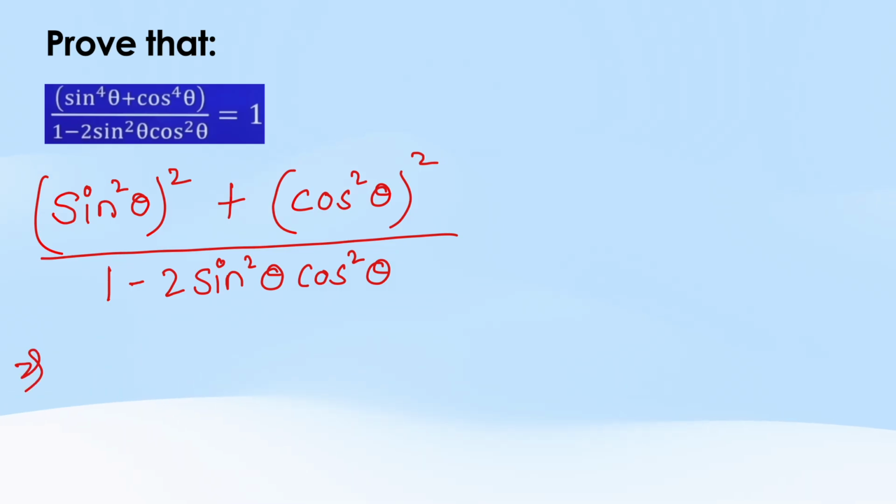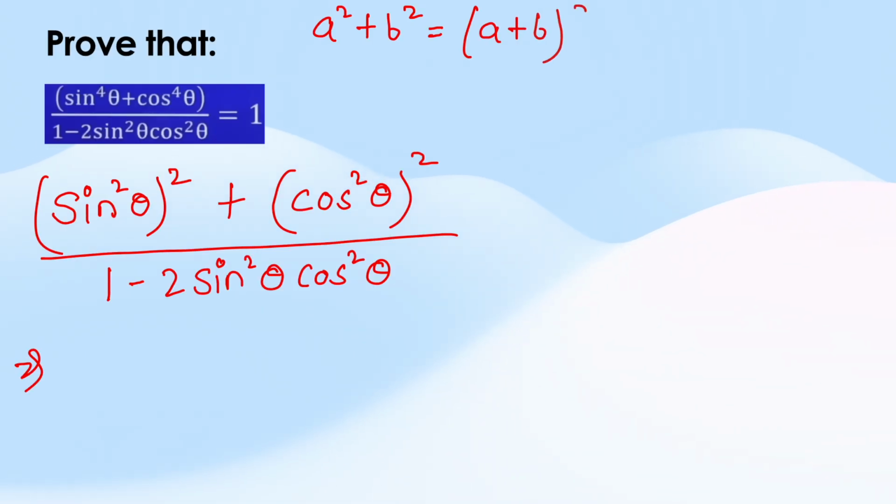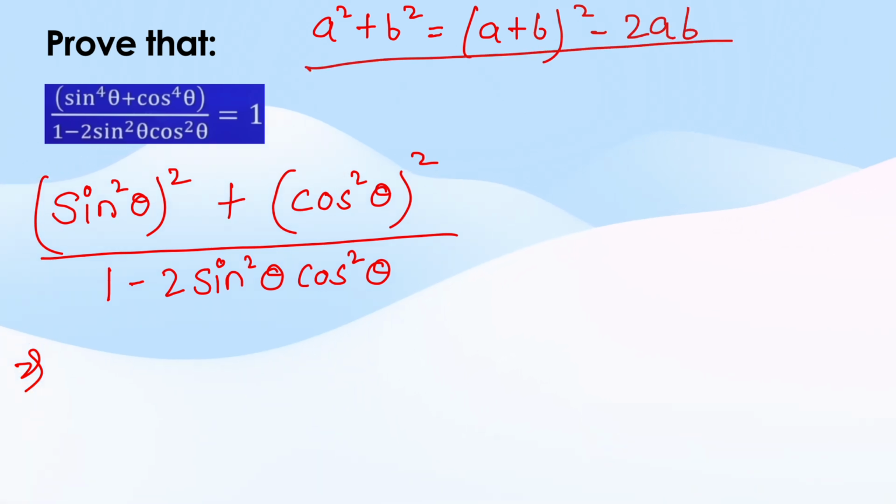Okay. So this is of the form a square plus b square, which is equal to (a plus b) the whole square minus 2ab. Right? Just use this formula. A is how much here? Sin square theta.